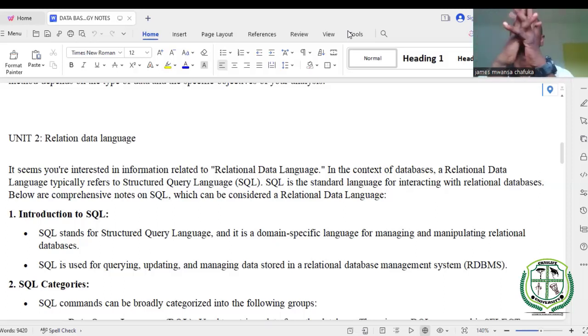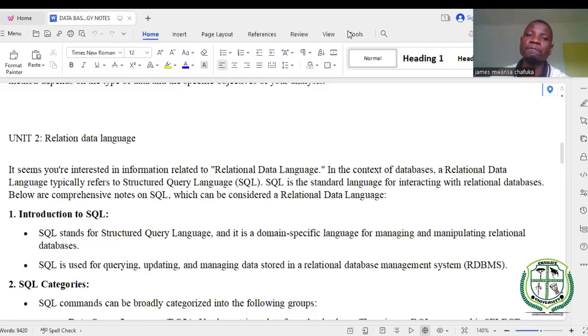In order to manage the data which is stored in a relational database management system, there is need to engage structured query language.